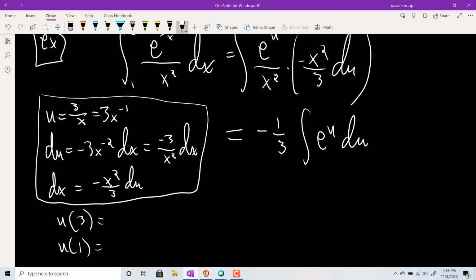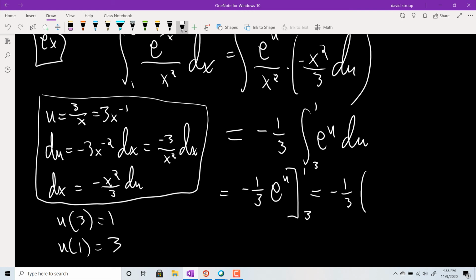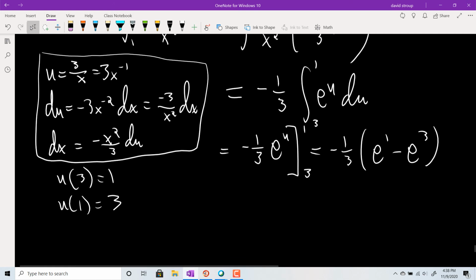And then u of 1 will be 3 over 1, which is 3. So we'll be going from 3 to 1 now. And then we evaluate, so negative 1/3. The antiderivative of e to the u is just e to the u. And then we're going from 3 to 1. So we'll have negative 1/3 times e to the 1 minus e to the 3rd. Okay, that'd be kind of the answer right there.